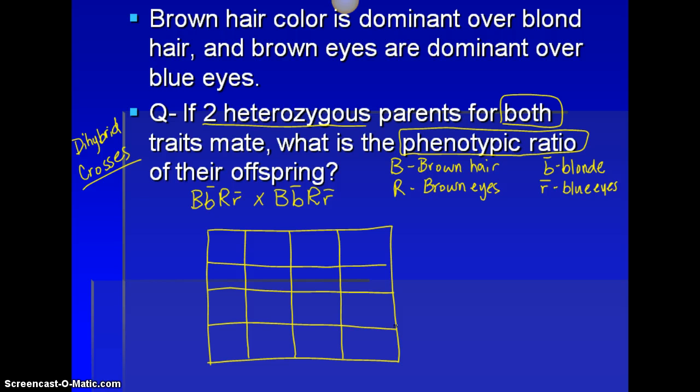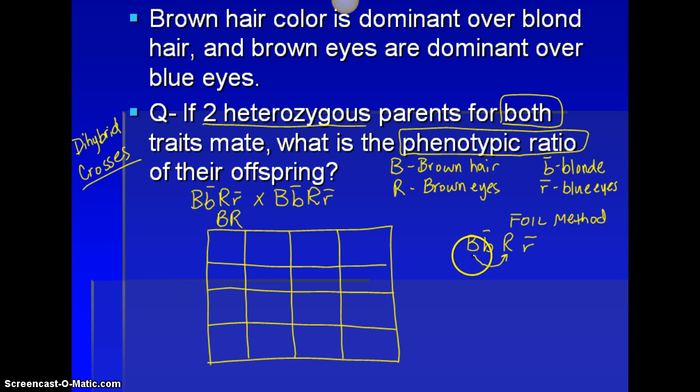Okay, so now when we make this cross, what we're going to do is the FOIL method of deciding what goes across the top here and above each of these squares and what goes down the side next to each square. So we're going to take parent 1, big B little b, big R little r. And what we'll do with the FOIL method, the F means first, so we're going to take the first letters here, big B, big R, and put it across the top.